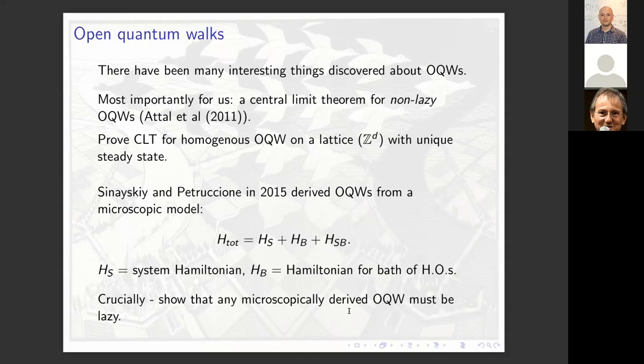With that in mind, we now think of the central limit theorem work, and this poses an interesting question. If we were to formulate a lazy open quantum walk, do we still have a central limit theorem? Or at least, what does it look like? Does it change in some way?